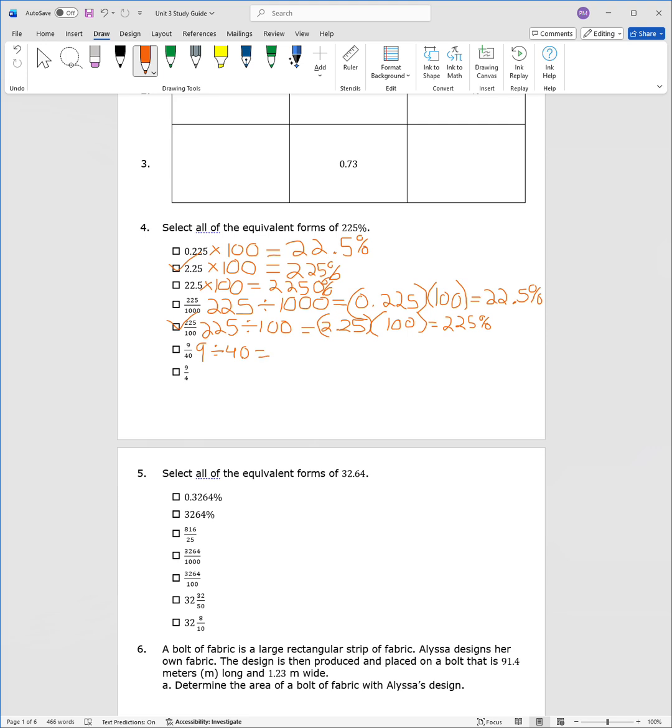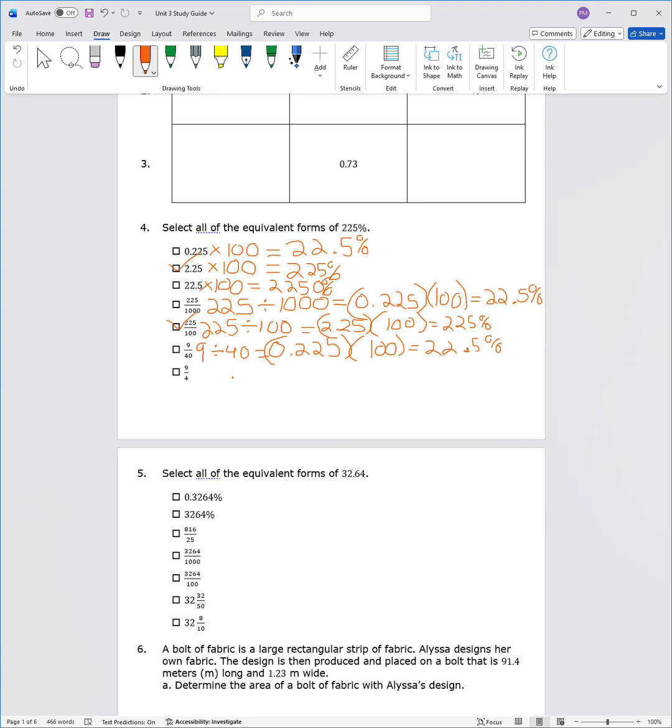So when we type in 9 divided by 40 in our calculators, we're going to get 0.225. And then we can take our decimal here, and we're going to multiply it by 100. And when we do that, we're going to get our percent 22.5%. So not quite what we're looking for here.